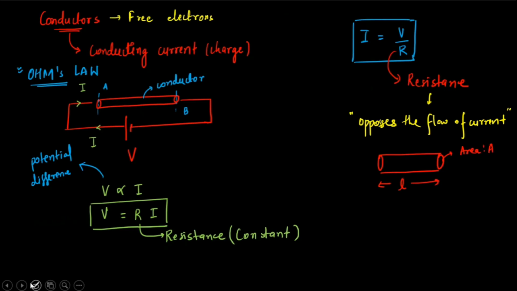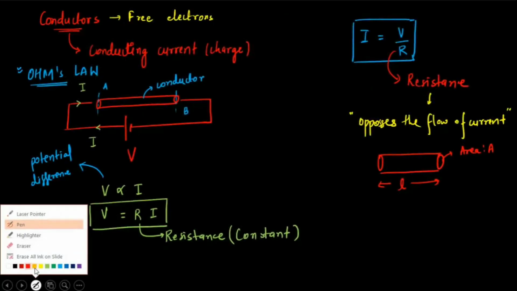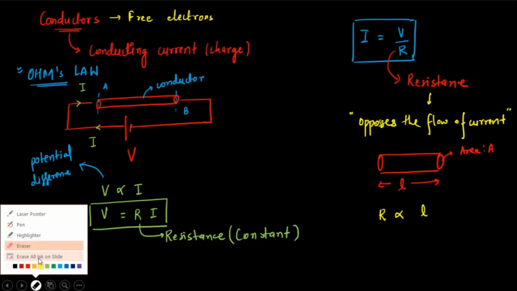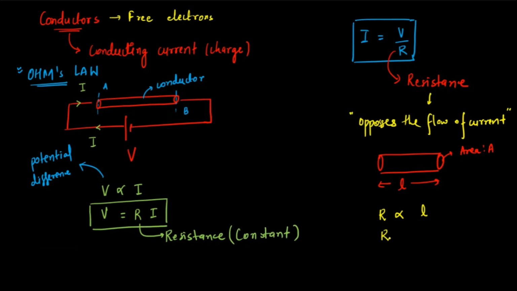We found that whatever resistance this conductor offers is directly proportional to the length and inversely proportional to the area. The value of resistance depends upon these two factors: it is directly proportional to length as well as inversely proportional to the area of cross section of this particular conductor.